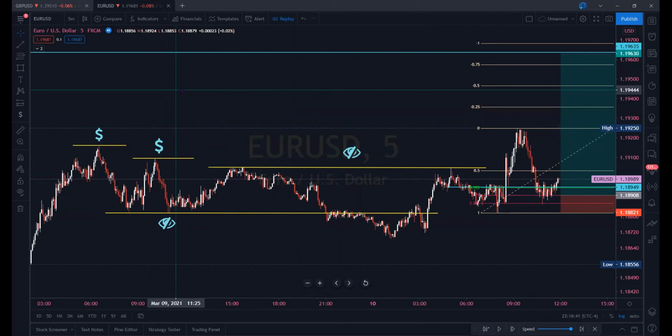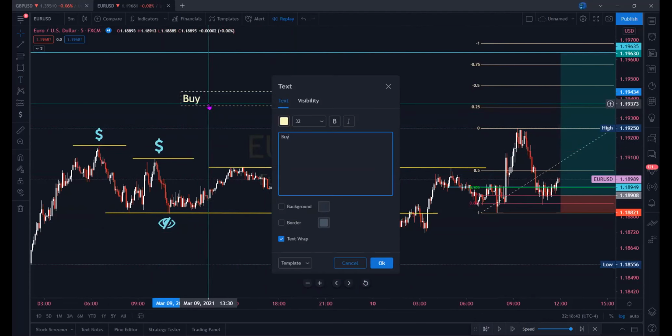Okay, so buy side, let me actually write this down for the people that don't know. Buy side liquidity, also known as BSL, is groups of orders found higher than where price is now, usually found at unbroken or unmitigated highs.